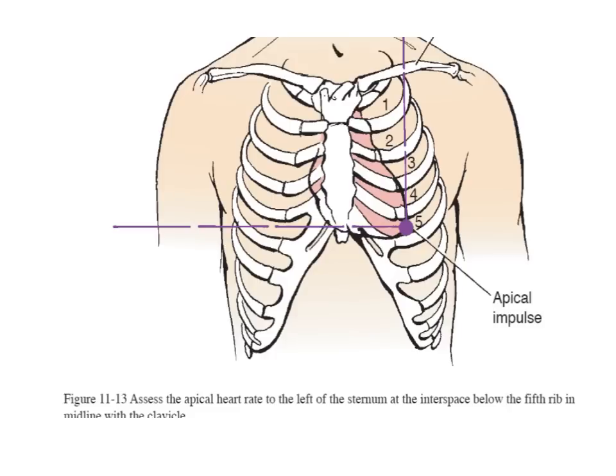You would count it for 1 full minute. And a lot of medications will say apical pulse before giving medication. So you would count the apical pulse and make sure that your pulse is at least 60 before you would give that medication. We'll talk a little bit more about that in class.